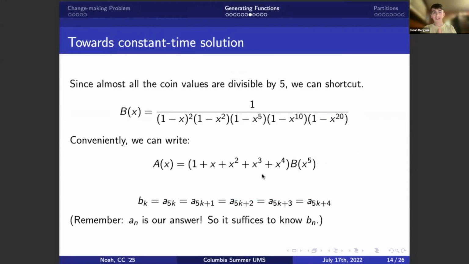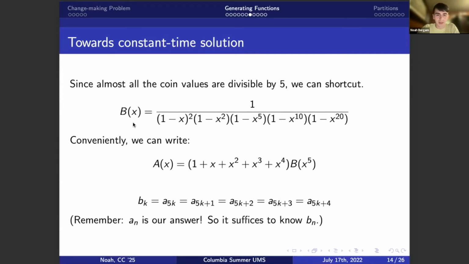So in order to create a constant time solution, we take advantage of the specific series of coinage that we're using. We define this function called b of x, which is very similar to what we had before, with a few minor differences.